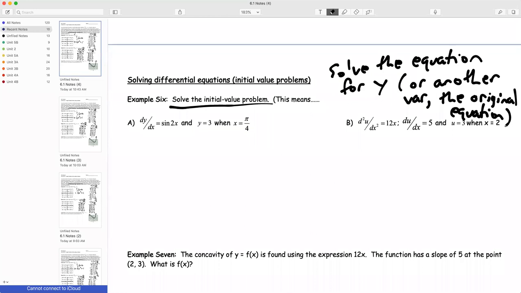So on these problems, for example, they're going to give me a derivative, dy dx, and then say solve the initial value problem, which means I need to have the original equation, y is equal to whatever that is. So since they give me dy dx, which is the first derivative, and I need to get back to the original equation, I'm going to take the antiderivative of dy dx. So I'm going to have the antiderivative of sine of 2x dx.